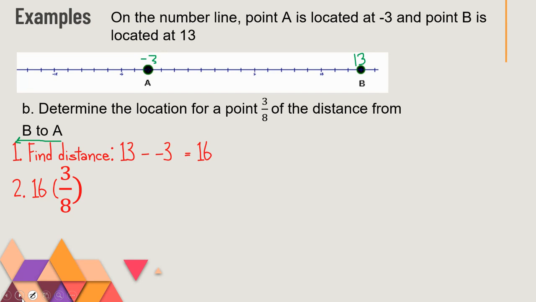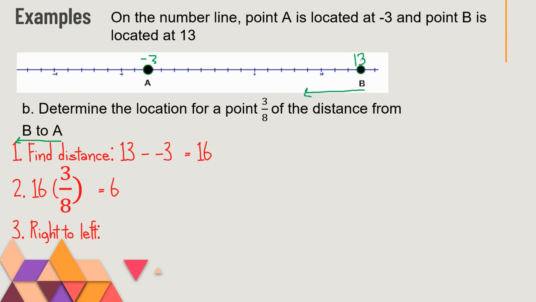If you're using your phone calculator, one of the easiest ways of calculating this that I like to do is 16 times 3 all divided by 8. And that equals 6.